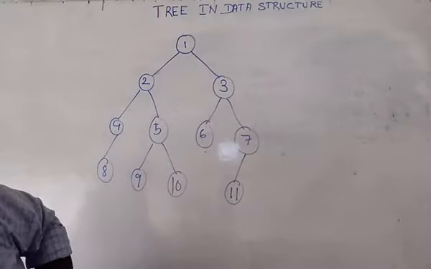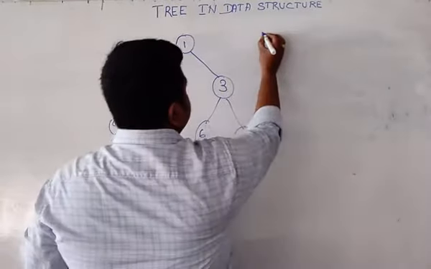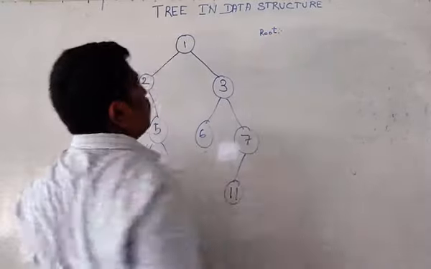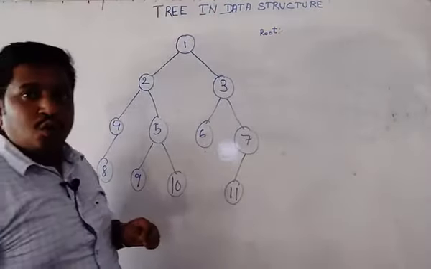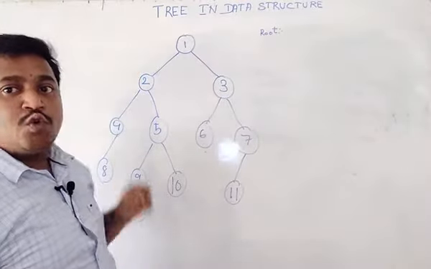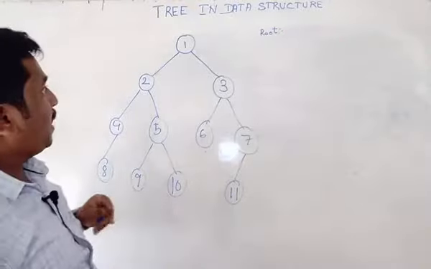First one is root. What is root? Root is the first node in a tree, or the node which doesn't have any parent.